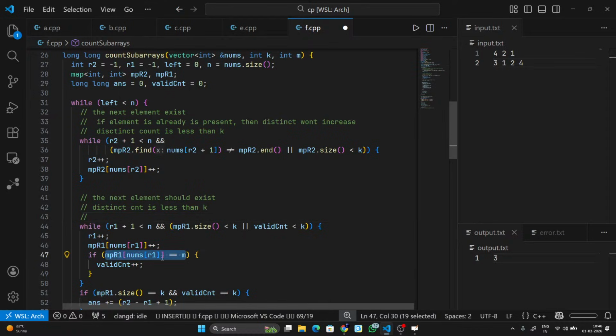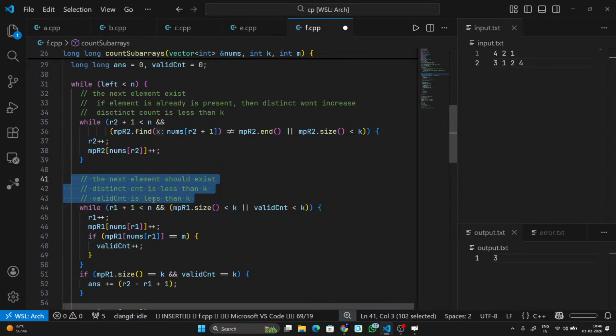So whenever I encounter a number whose frequency in the given range reaches m, then I will just increment the valid count by 1. Valid count is less than k. So if this condition is satisfied, then I will increment the R1 pointer.